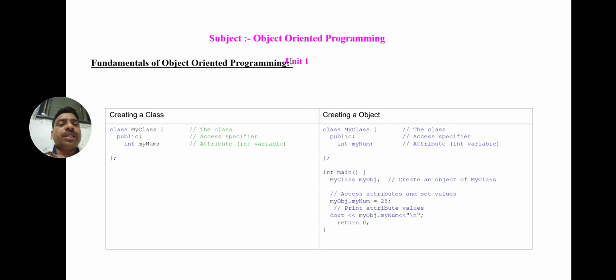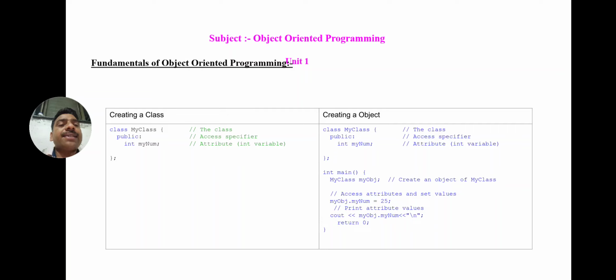Inside the definition of main we can create the object with the help of syntax, that is, your class name and again any user defined name for that object. So here MyClass is the class name and myObj is the object name. So MyClass myObj semicolon. Here we have created an object for MyClass.